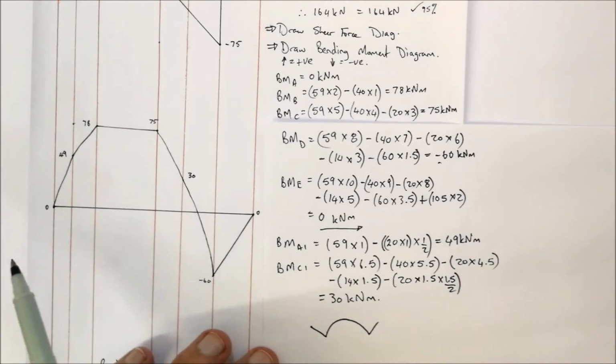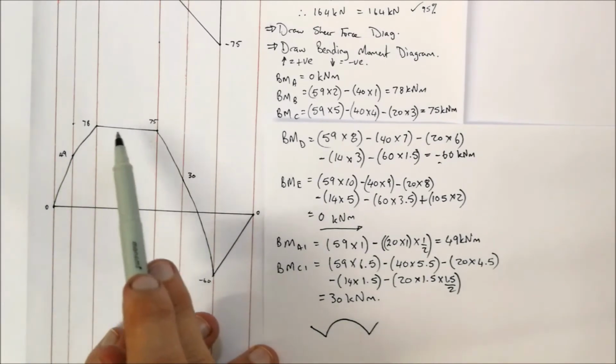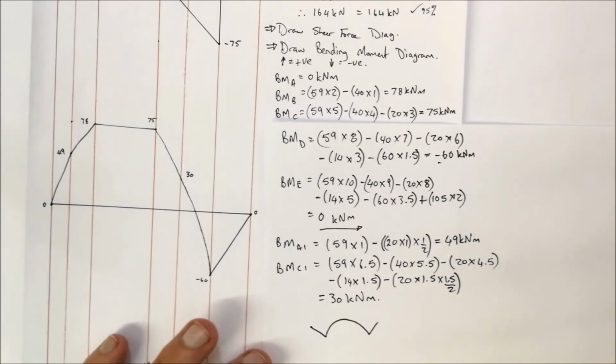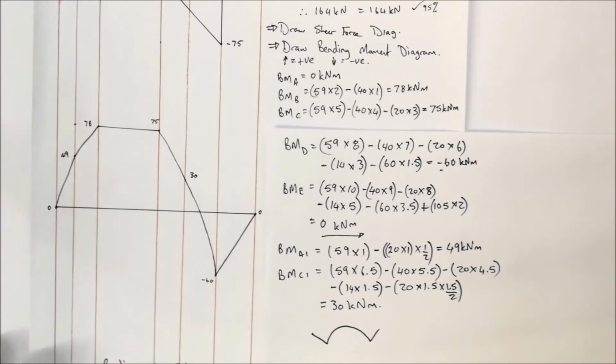As you can see, we've got a curve going up and then coming down and then upwards again. So that's a rule of thumb that you can use to make sure that you've at least got a correct diagram drawn.